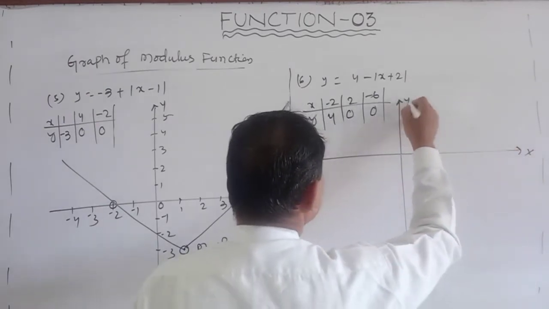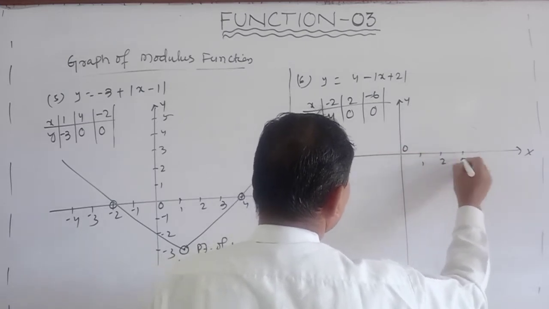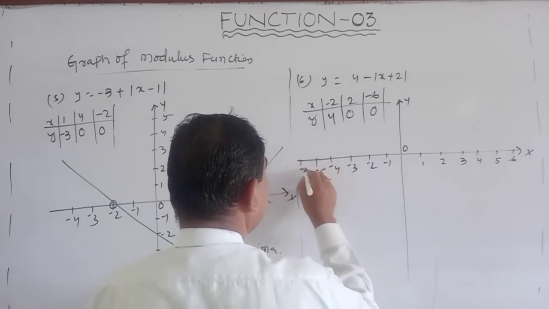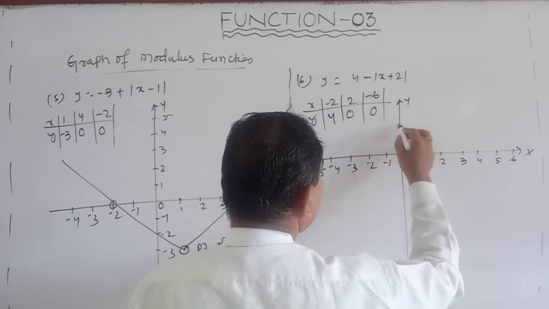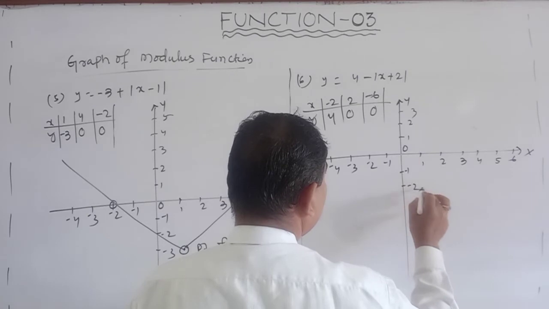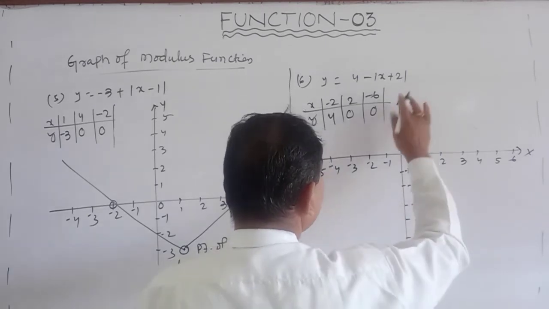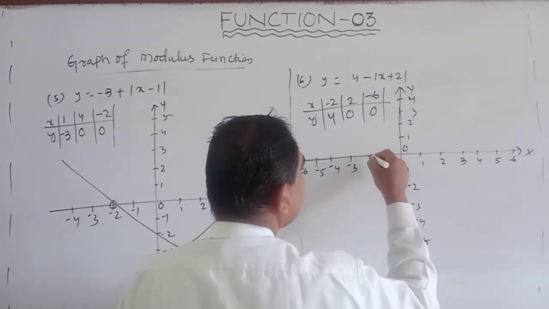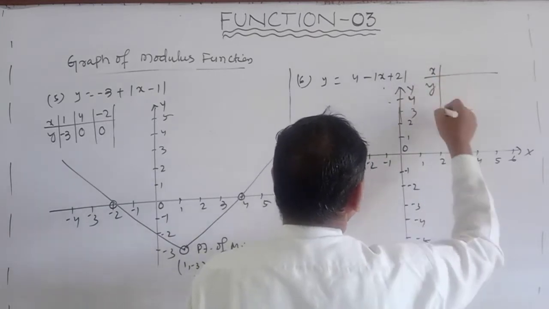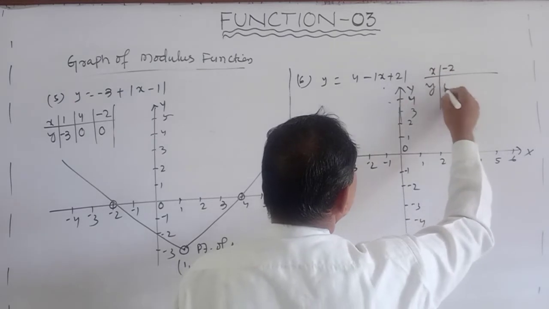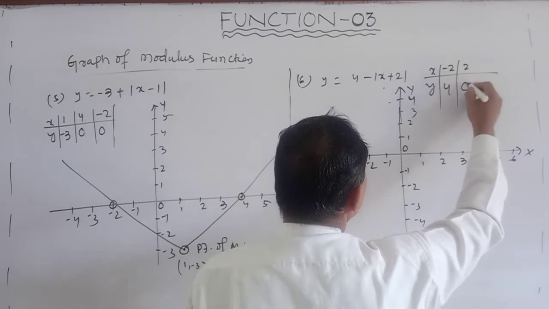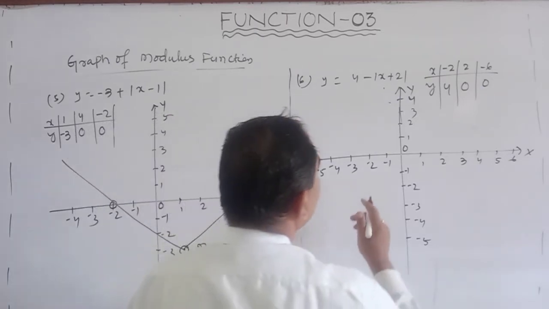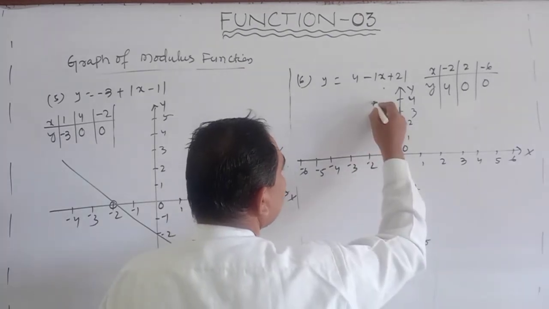This is x, this is y, origin, 1 2 3 4 5 6, minus 1 minus 2 minus 3 minus 4 minus 5 minus 6. So x is equal to minus 2, y is equal to 4.